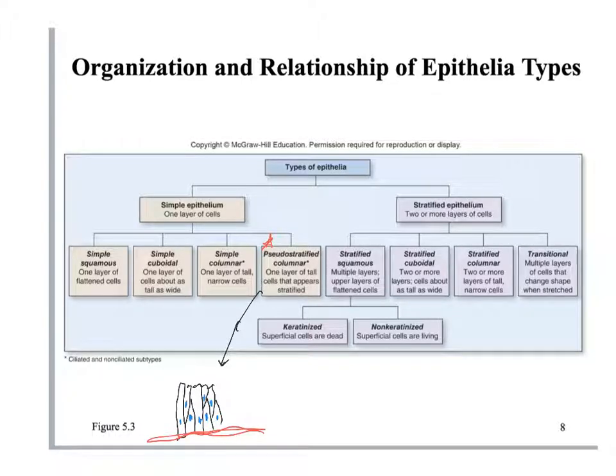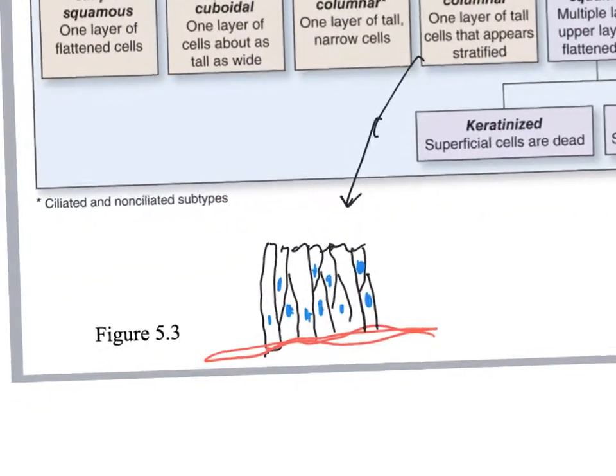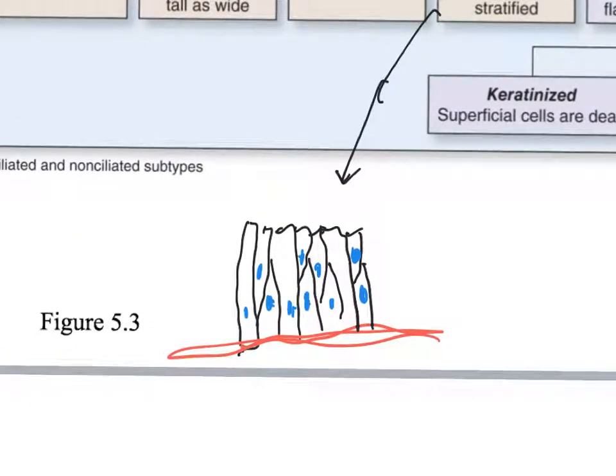Would you think those are multiple layers of cells, just going by the nuclei you see there in blue? Why would you think that's stratified? Because the nuclei don't line up. So the nuclei don't line up, okay?